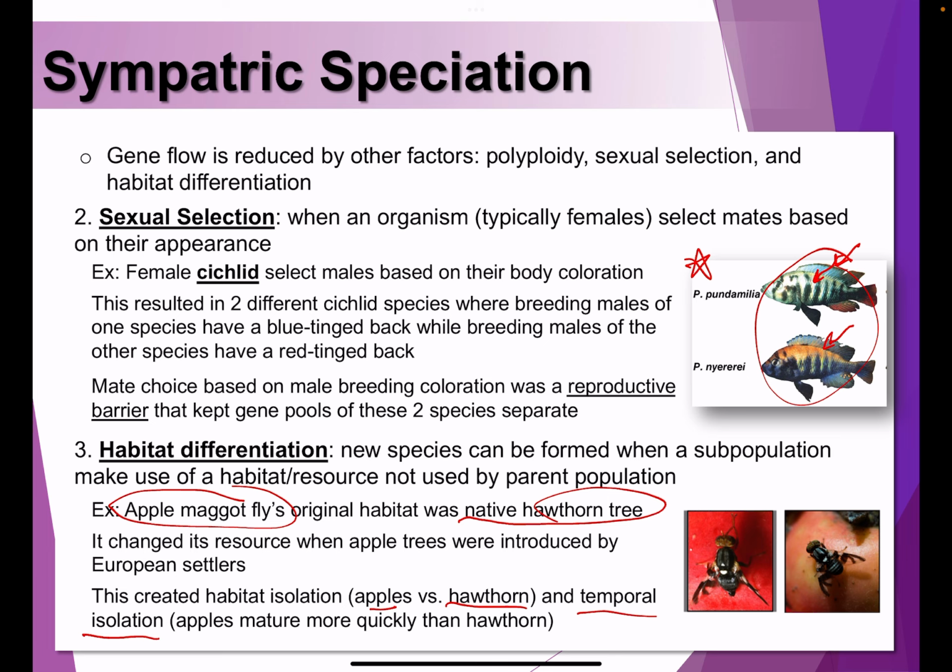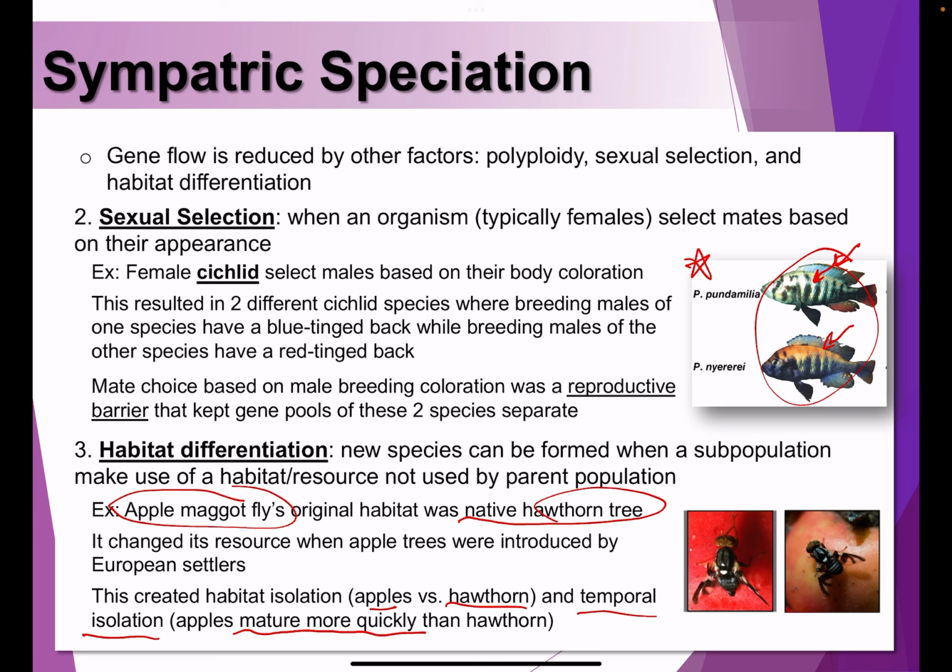Well, the introduction of apple trees also caused temporal isolation because apples tend to mature more quickly than hawthorn. So if they're able to form more apples quicker, these apple flies who feed mainly on the apples can also mate and interbreed and produce progeny quicker.